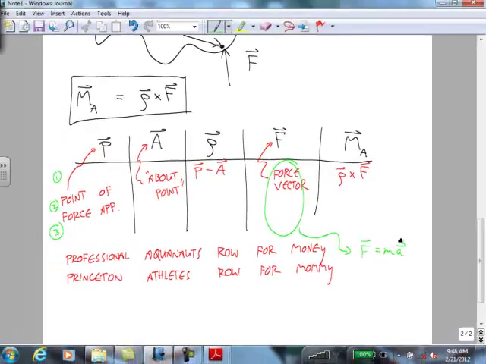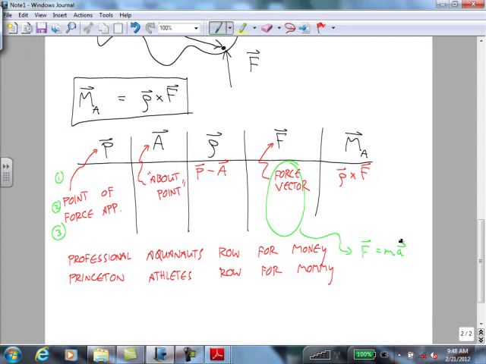And then you have all your moments here, and these go into rotational Newton's second law. So it's just a nice systematic way to get things written down. I don't require that you do that, but I would recommend trying it, see if you like it.